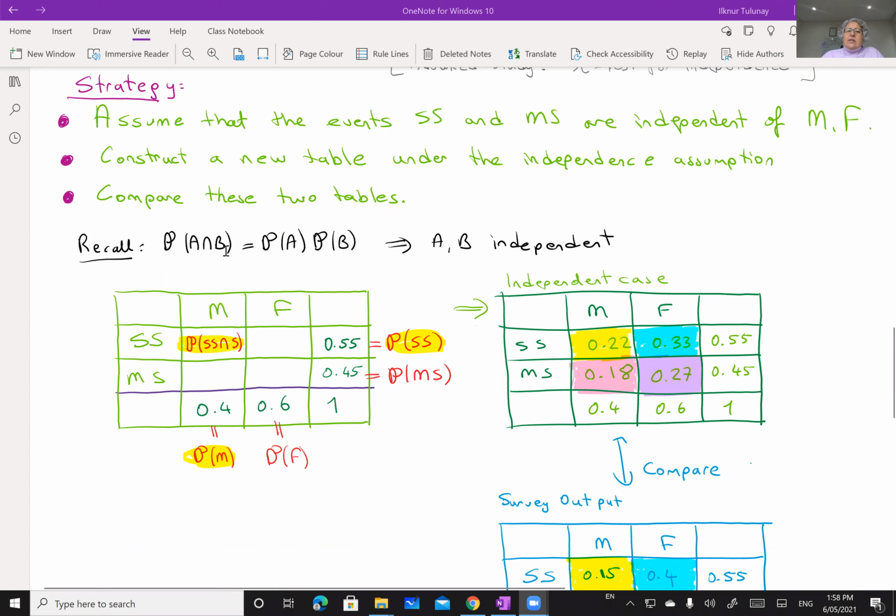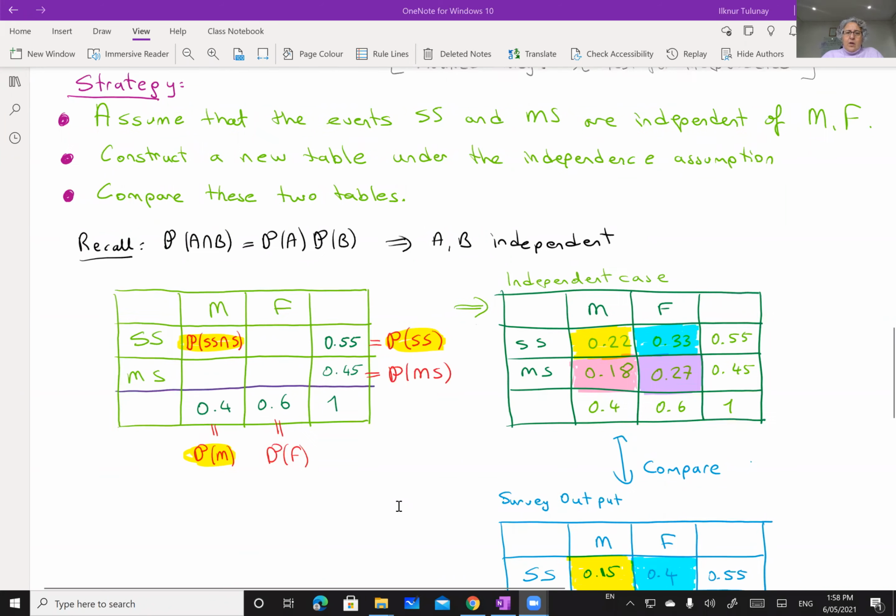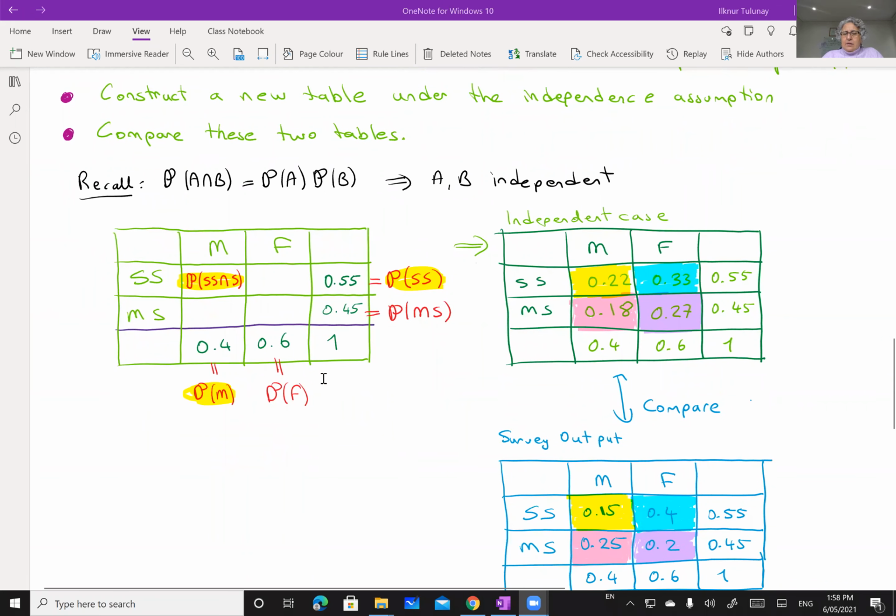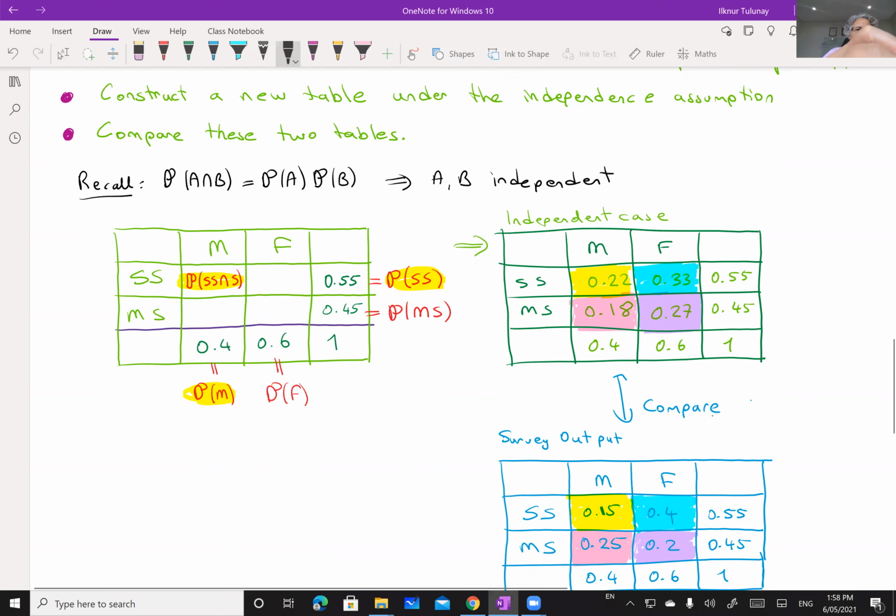So P(A intersection B) is equal to the probability of A times the probability of B. That is the formula when A and B are independent events. So what we have here is our given situation, right? That should be M here. There's an intersection, right?